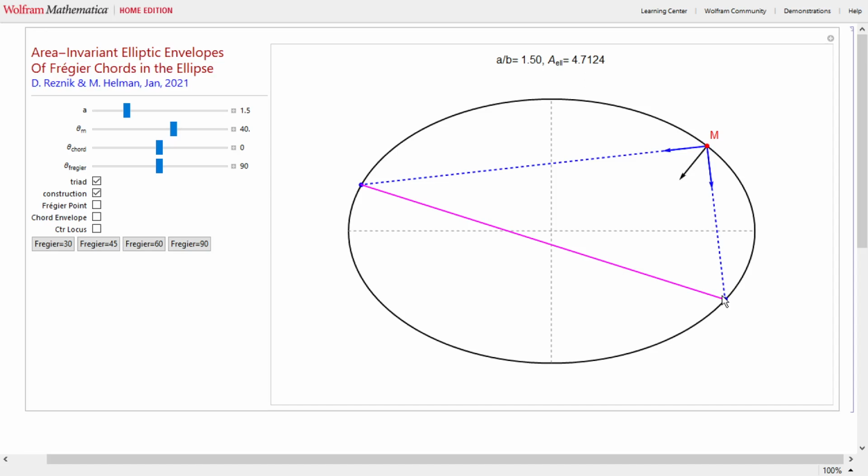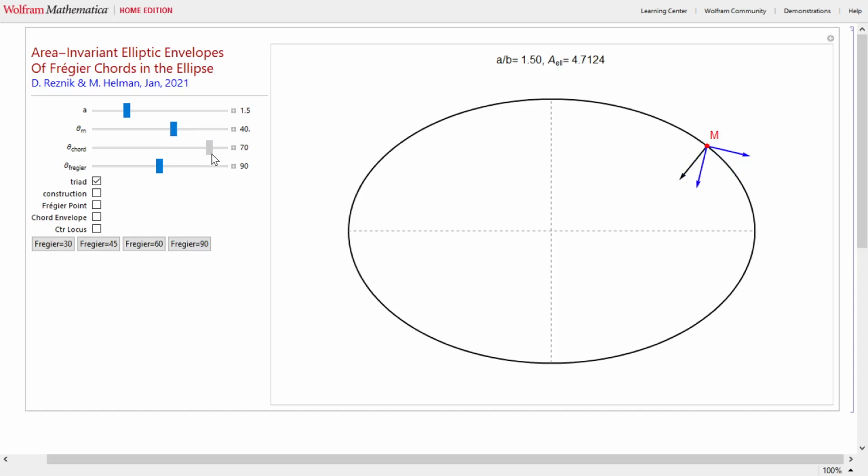Let's turn the construction off and consider now rotating this pair of blue arrows with a 90-degree angle between them. I can rotate this pair rigidly about M by some angle I'm going to choose.